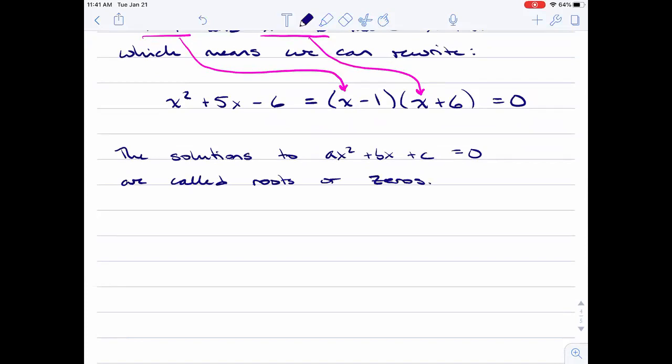Because I realized I've been saying roots without really defining it. So that's where they are.